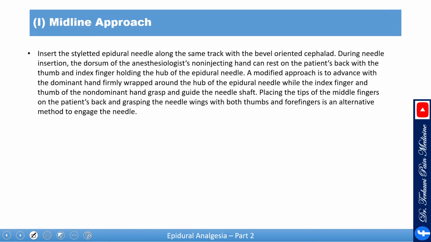A modified approach is to advance with the dominant hand firmly wrapped around the hub of the epidural needle, while the index finger and the thumb of the non-dominant hand grasp and guide the needle shaft. Placing the tip of the middle finger on the patient's back and grasping the needle wing with both thumb and forefingers is an alternative method to engage the needle.